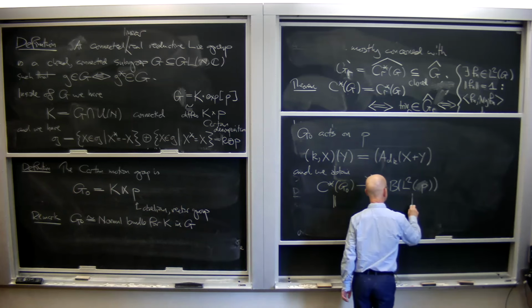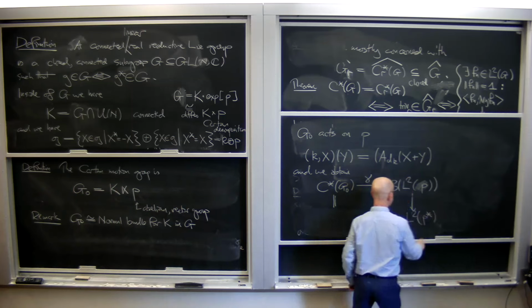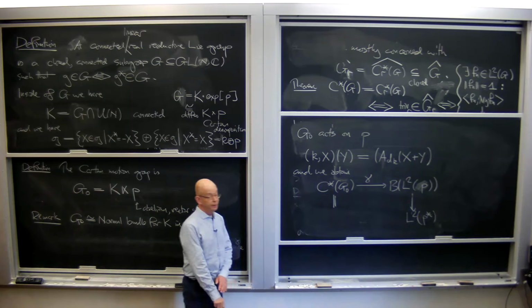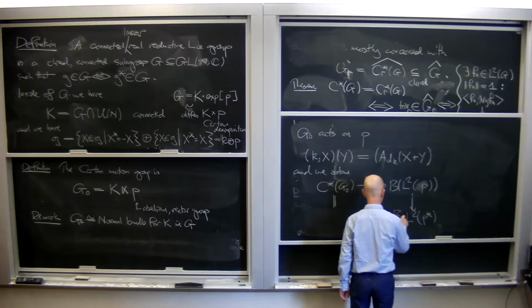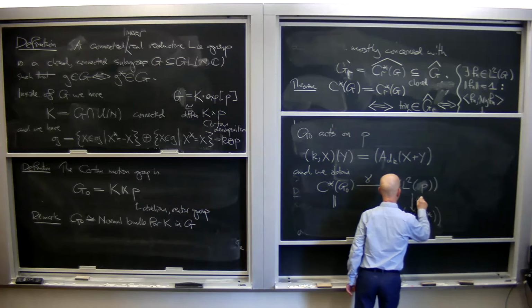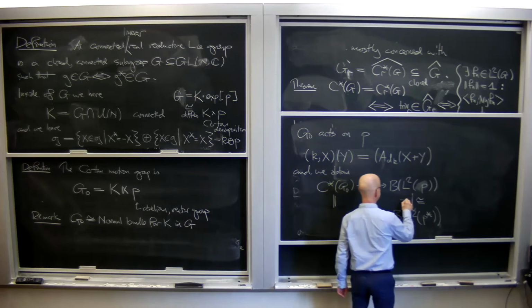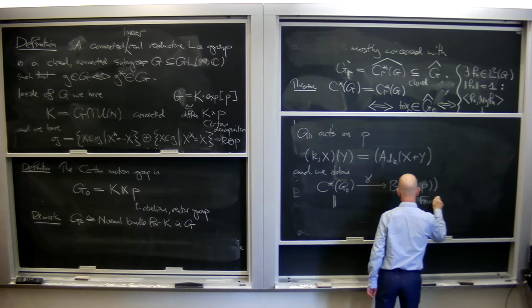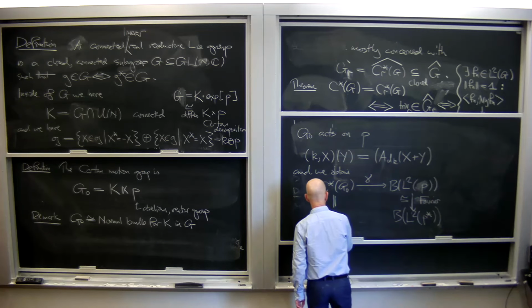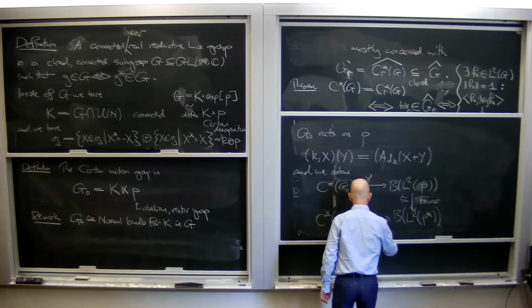On the other hand, P is a vector space, so there's a Fourier isomorphism from functions on P to functions on P star, which is a unitary isomorphism by Plancherel's theorem. And conjugating by that isomorphism, we get another representation. Maybe we'll call that gamma hat.